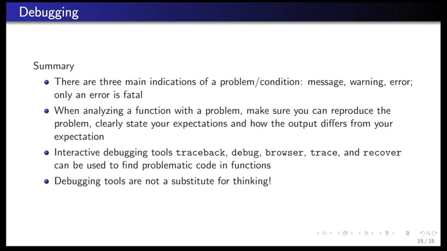When you're analyzing a function that you think has a problem, make sure you can reproduce that problem, and make sure you can articulate what your expectations are and how the output differs from what you were expecting, or as I like to say, what you were expectating. The interactive tools, traceback, debug, browser, trace, and recover can be used. And the key word here is interactive. The reason these tools are useful is because they are interactive. You can do things on the console.